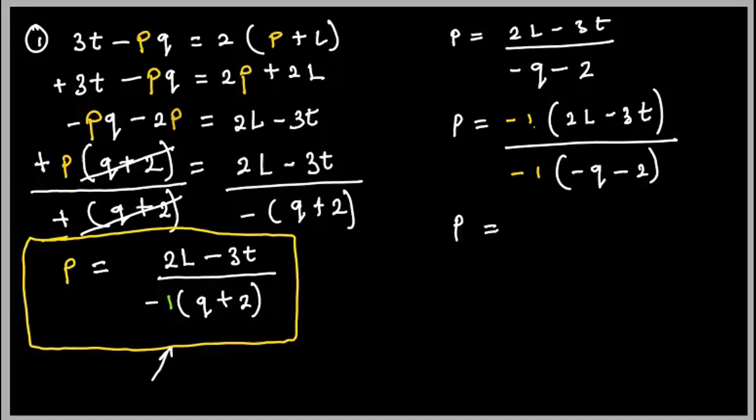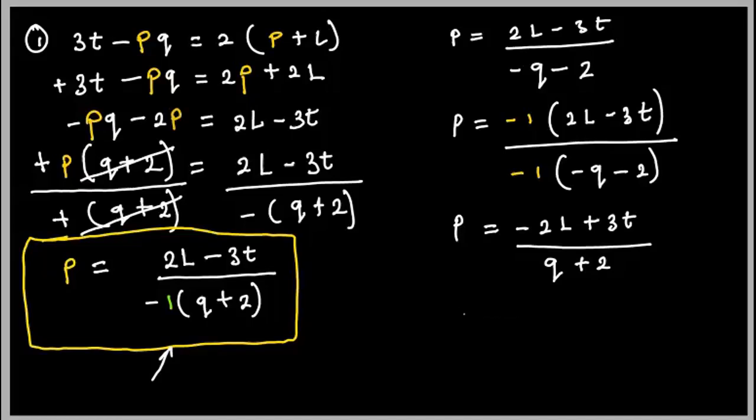I have it be equals to minus 1 times 2l is minus 2l, minus 1 times minus 3t, minus times minus is plus 3t, all over minus 1 times minus q is plus q, that is positive q, and minus 1 times minus 2 is plus 2.